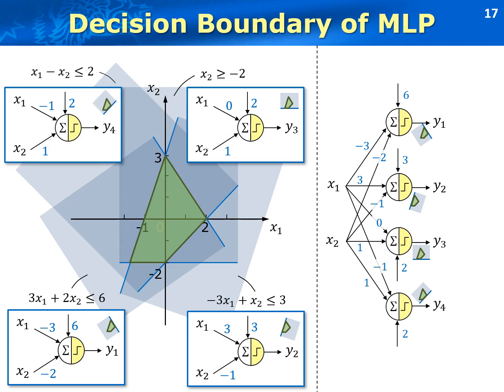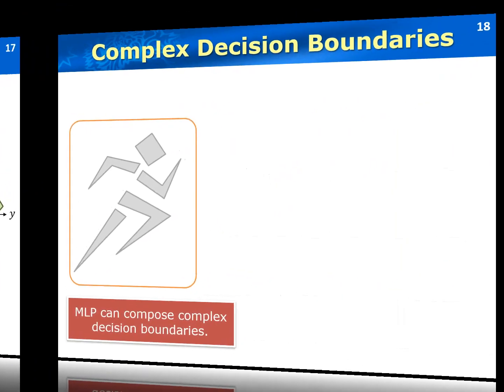Then we combine these 4 perceptron units together with an AND gate, which produces the intersection of the 4 half spaces, that is, the green region. Thus, this multi-layer perceptron is the representation for the positive green region. The above example indicates that the perceptron can represent any polygon region through the composition of the perceptron units.